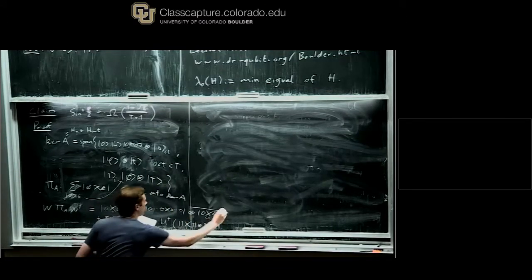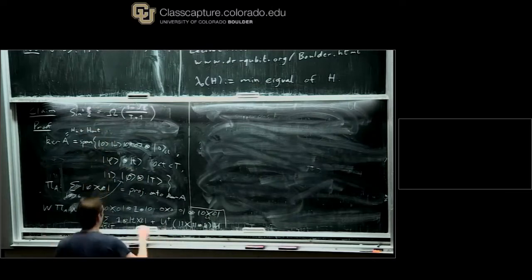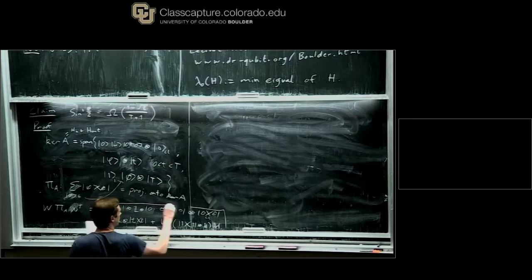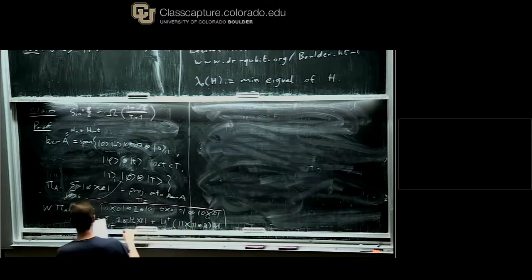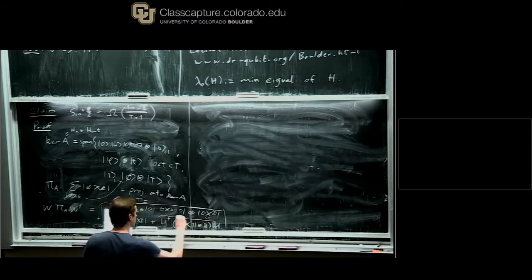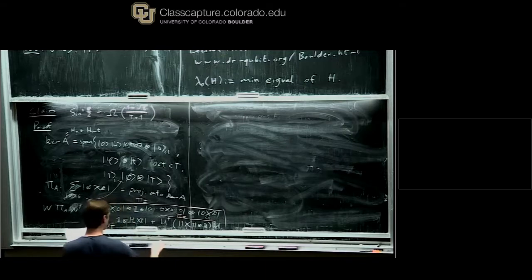Nothing interesting. I'm doing this because I want to give a short name to this. This is a projector, and I want to call it pi I. This is a projector, and I want to call it pi f, for initial and final.